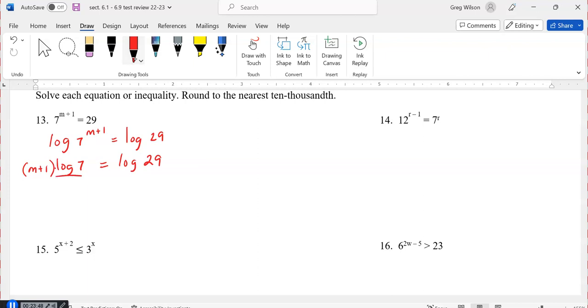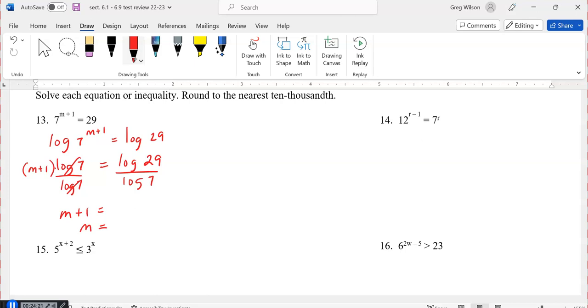And now I just have to undo multiplication with division of log 7, so those will cancel. And now just go to your calculator and key this in exactly like I have it here. So log 29 divided by log 7.